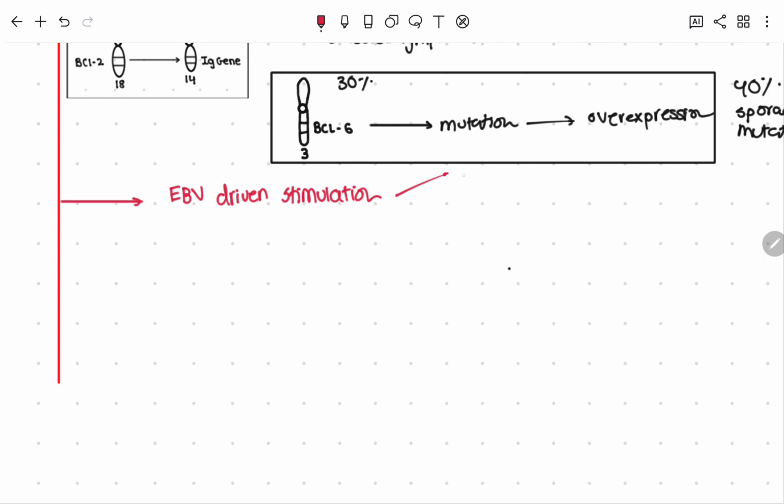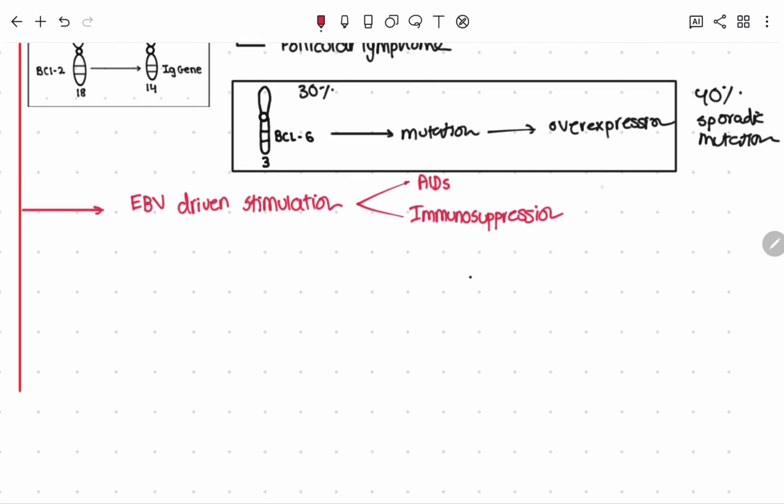And this is normally seen, if you remember from the infection of EBV patients, in the immunocompromised, so those who are AIDS patients or are immunosuppressed. And it's important to note that partial regression could take place, not necessarily has to, but could take place if the state of immunosuppression is reversed.